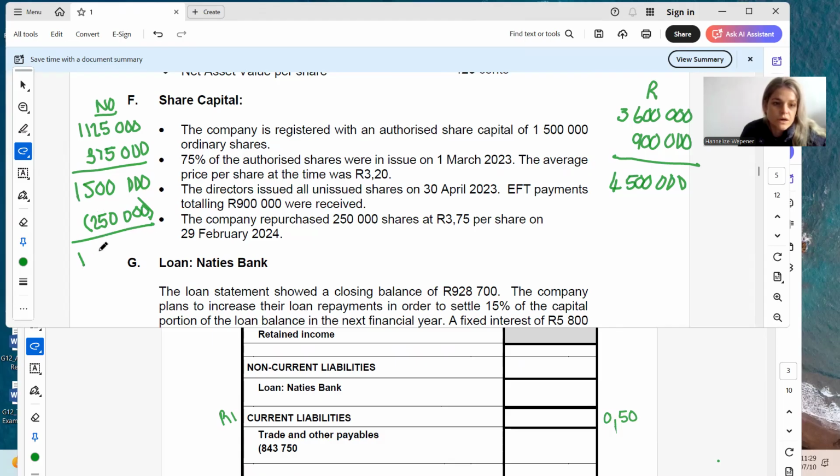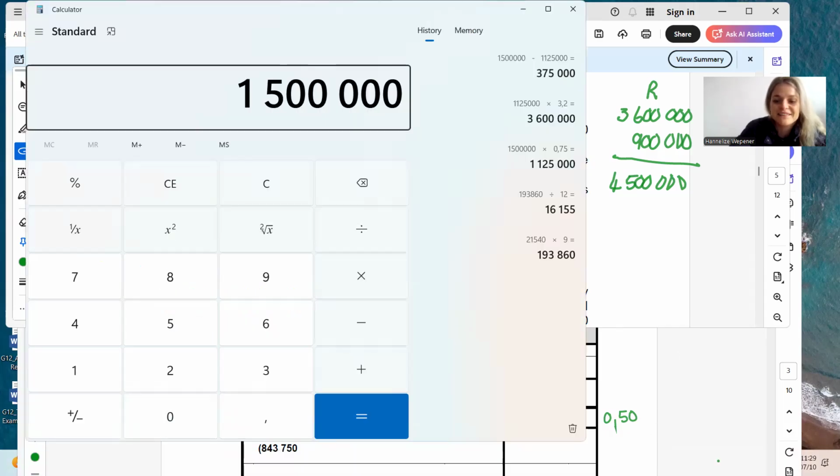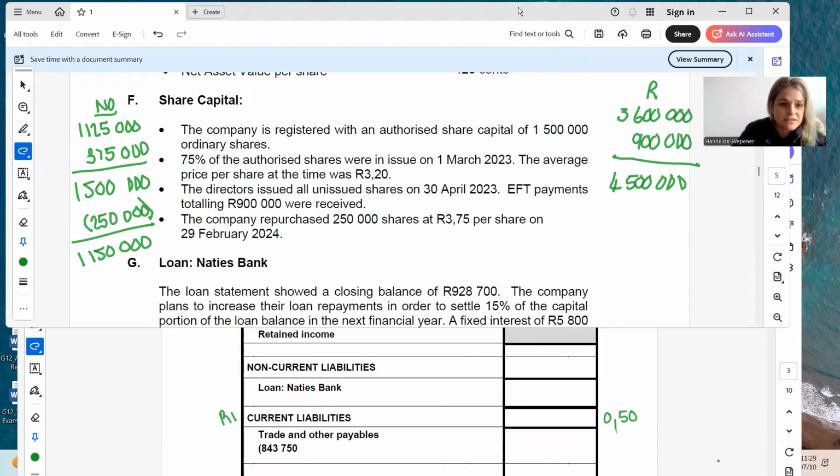Let me double check: 1.5 million minus 250,000. Sorry, my bad, I thought it was 350. Good thing I checked. So 1.25 million. I didn't read properly there.